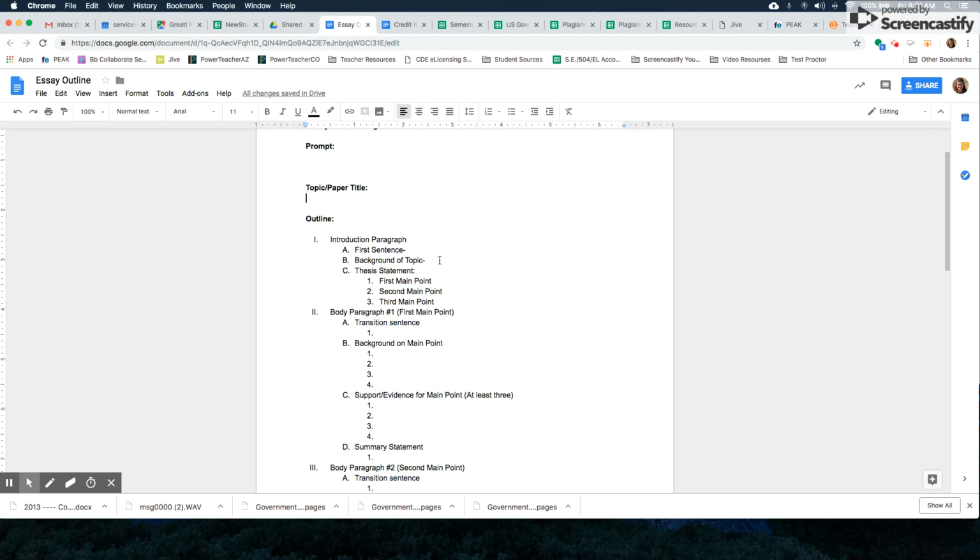That's where I would spend my 2 to 3 sentences summarizing where the Constitution came from, what it is, how it's important, how it's used, in the middle sentences between the first sentence and the thesis statement.